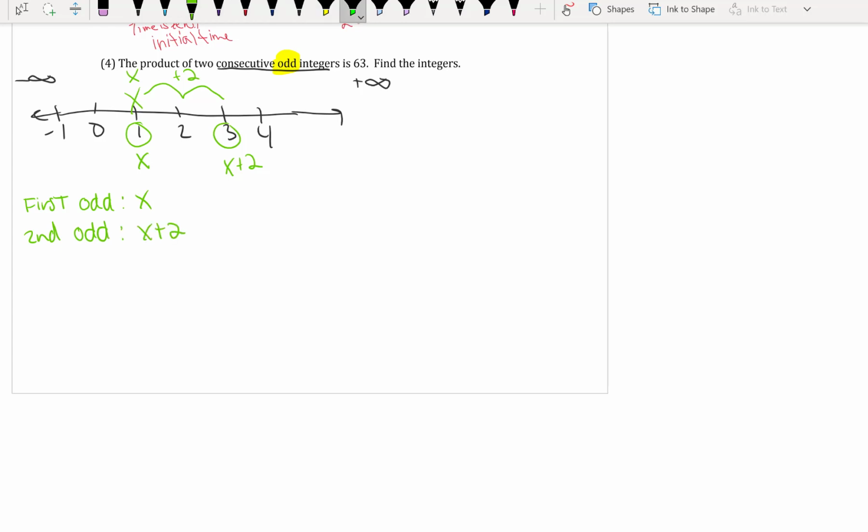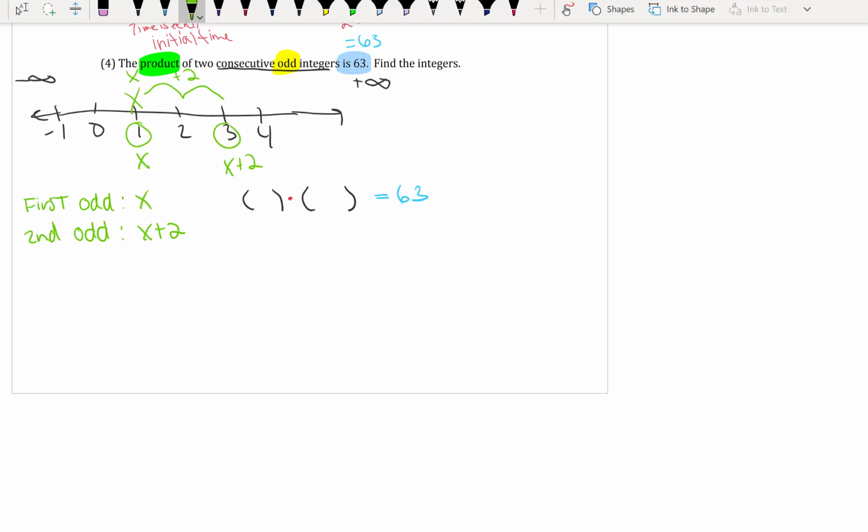So when it specifically says that I have the product, well, product means to multiply. So you have the first thing being multiplied by the second thing, and it says that it is 63, so it equals 63.